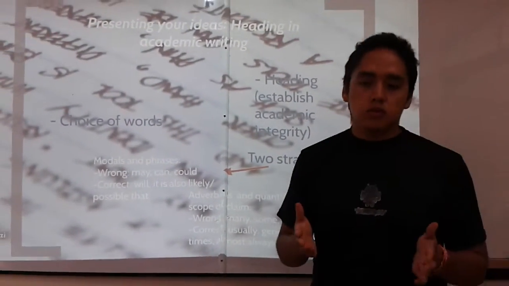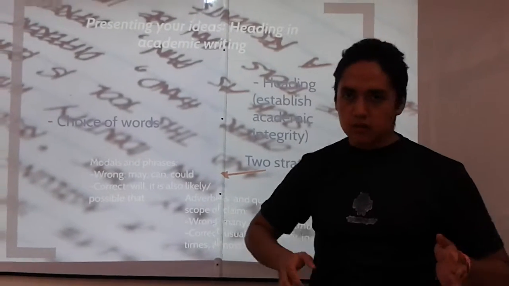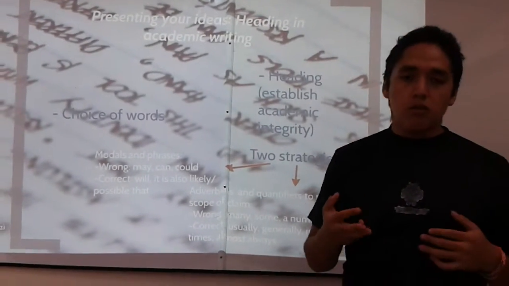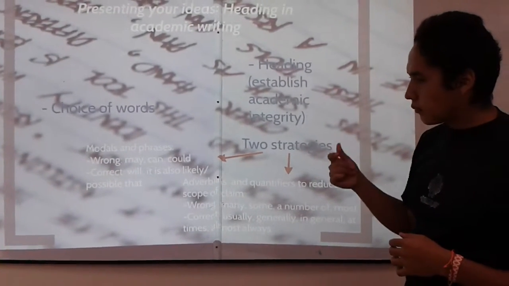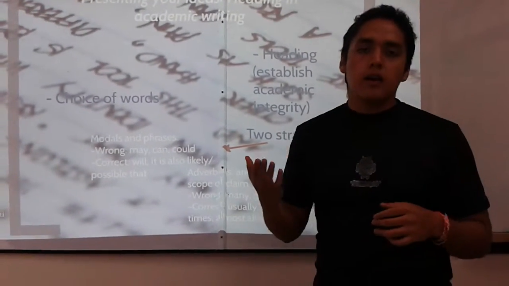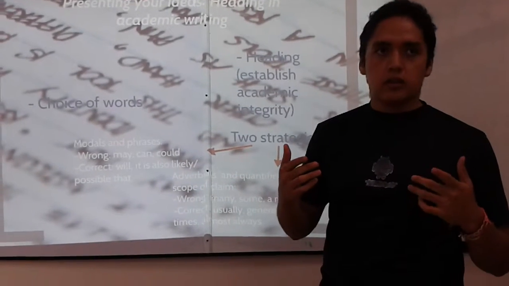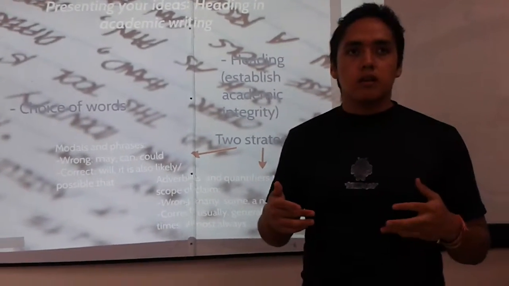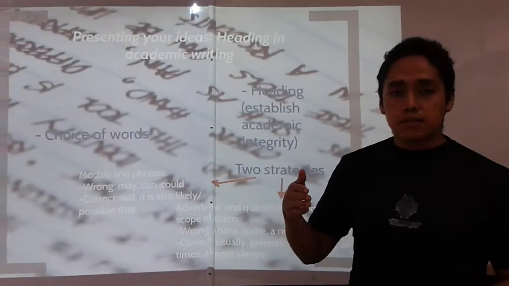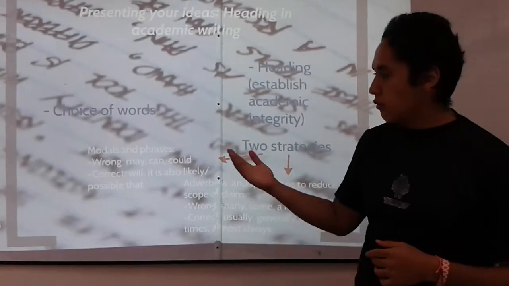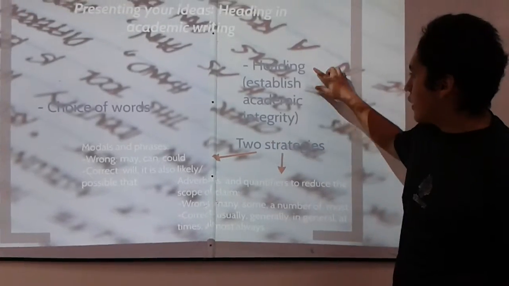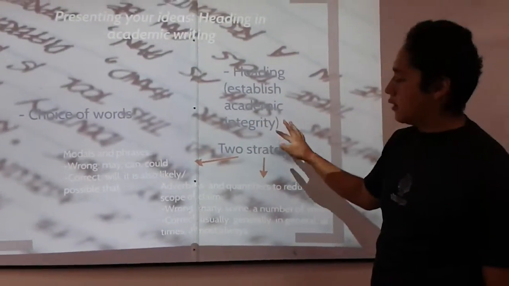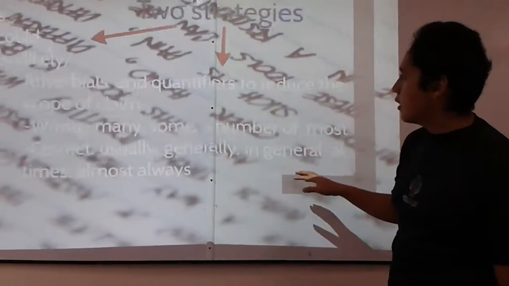First, we have to know how to choose our words, because the choice of words may make the reader believe in our article, or it gives confidence to the reader in our article. We have to establish academic integrity.